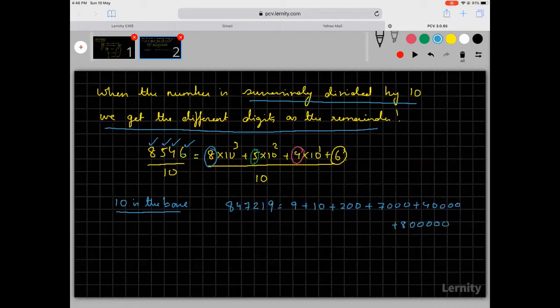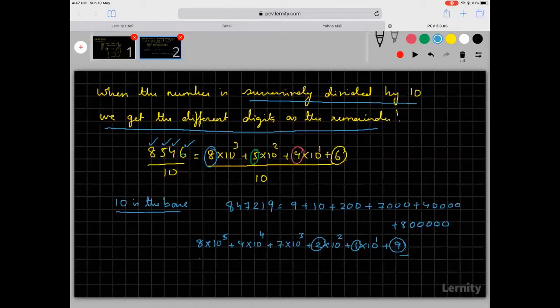Or this is equal to 8 into 10 power 5 plus 4 into 10 power 4 plus 7 into 10 power 3 plus 2 into 10 power 2 plus 1 into 10 power 1 plus 9. So now when I divide this by 10, this is my remainder first. When I divide this by 10 again, this is my remainder. See, first 10, then again 10, again 10, again 10, again 10. So these are the successive remainders.